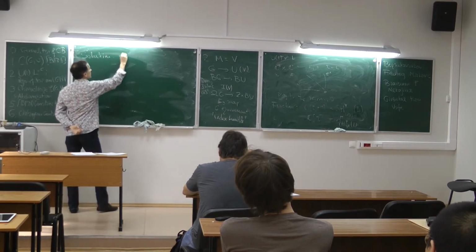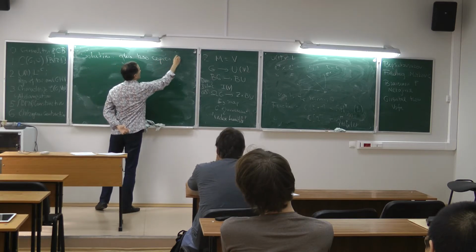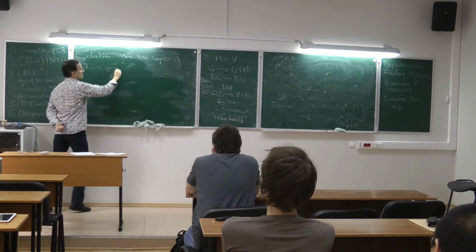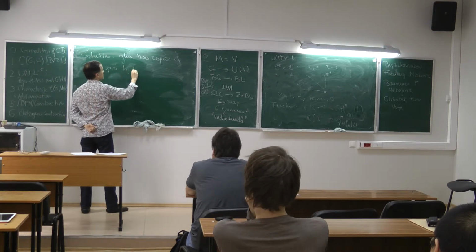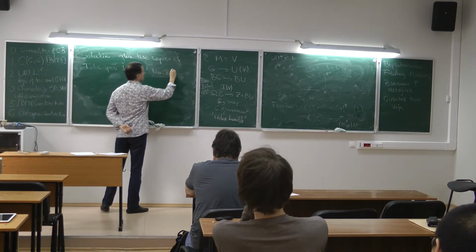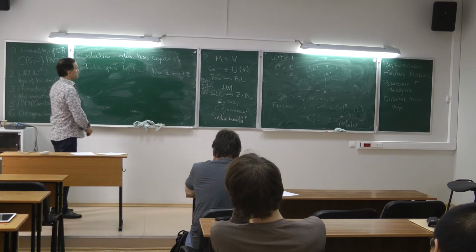So glue two copies of the Toda space, differing by translation. So by translation, Z goes to tau Z. So translate by this Lagrangian.